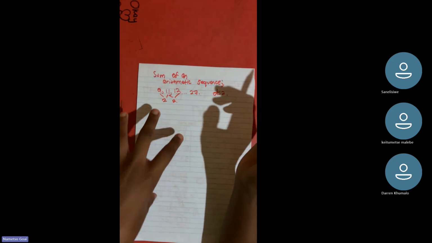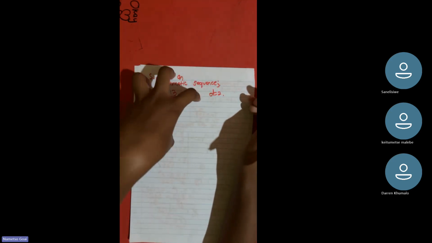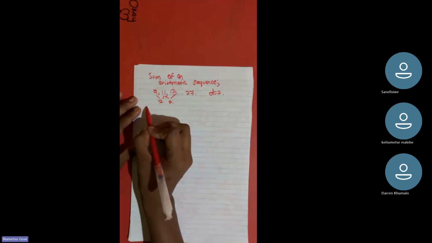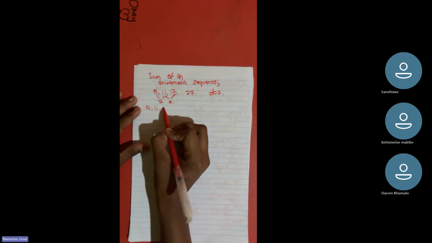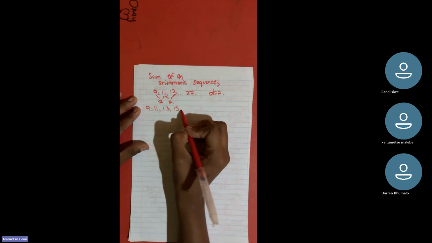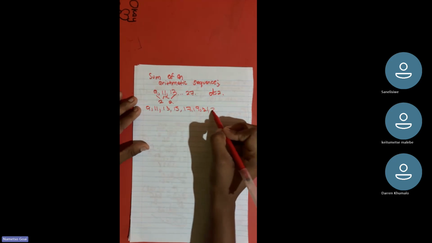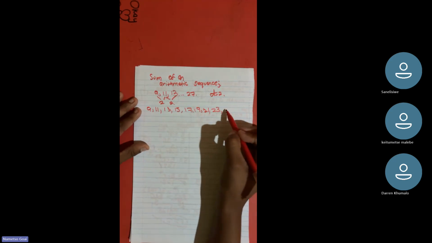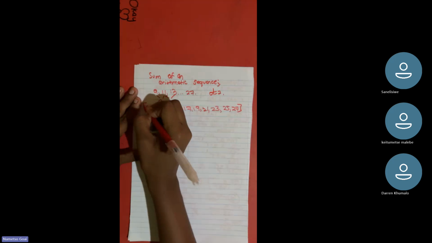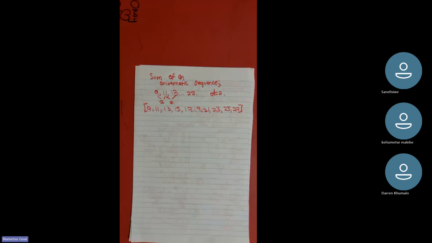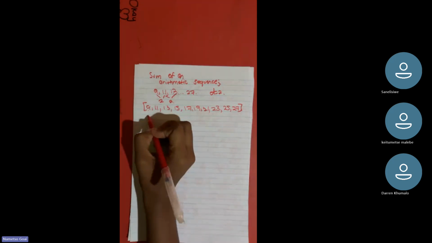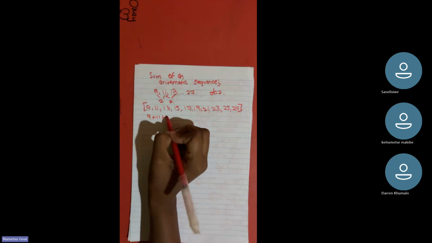But let's say you try to find the sum of the entire sequence. Let's say you have it as 9, 11, 13, 15, 17, 19, 21, 23, 25, and eventually 27. If they tell you to find the sum of this entire sequence, I know people that would go 9 plus 11 plus 13 plus 15.